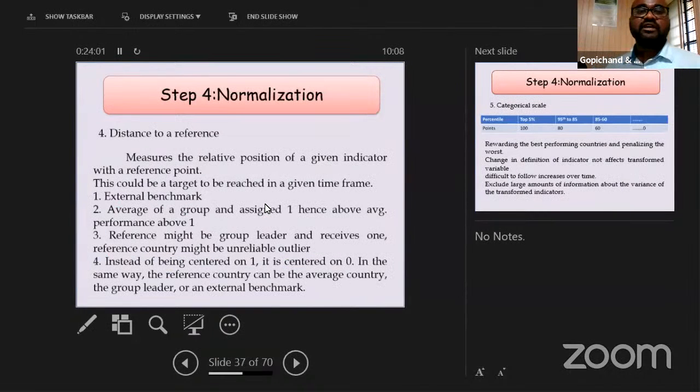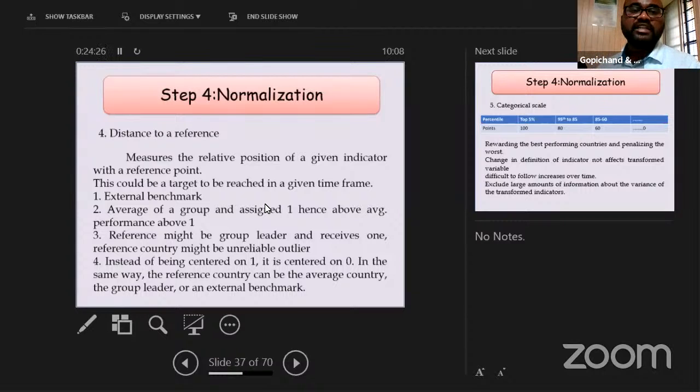Next is the distance from reference points. A reference benchmark is kept in this process. That may be an external benchmark, or an average of that benchmark. That may be some developed country we will compare with. From that, normalization values will be taken, and also by averaging the whole data.